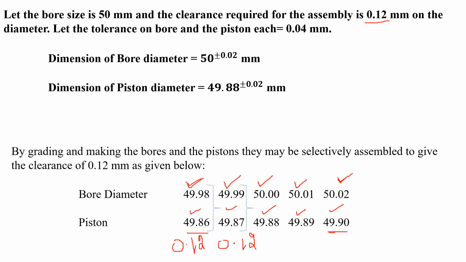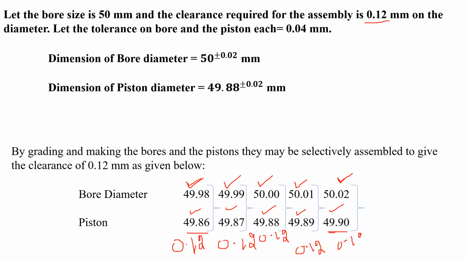Similarly, 50 mm bore and 49.88 piston make another assembly, also giving clearance 0.12, and 50.01 bore and 49.89 piston make another assembly. Here also it gives the same clearance, 0.12. And finally, 50.02 bore and 49.90 piston give a clearance of 0.12.